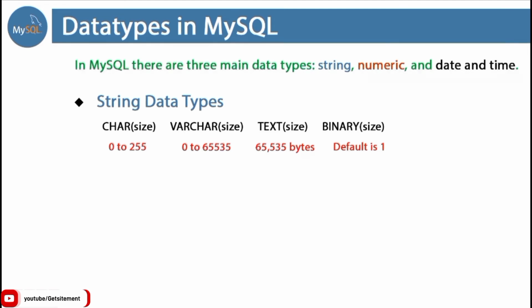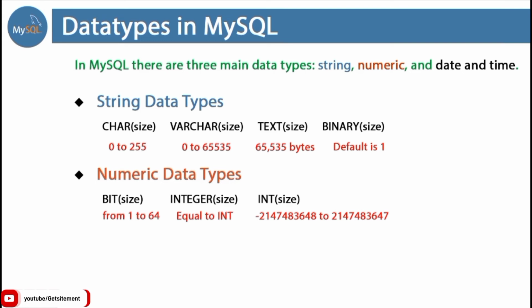And our third data type is the text data type. It calculates our data in bytes, and we can use only 65,535 bytes of data. And our next data type is the binary data type. It stores binary byte strings. The size parameter specifies the column length in bytes and its default value is 1.